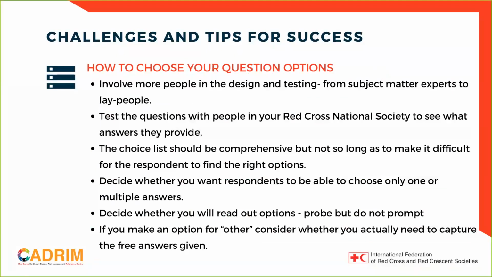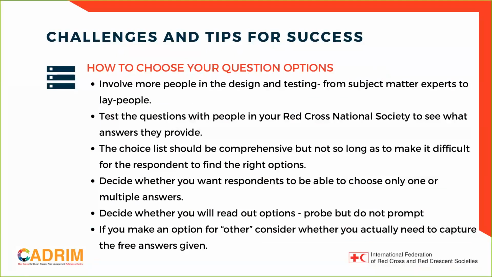If you're asking about public awareness or awareness of different media, for example, you can provide as many media, as many radio stations, television stations, social media platforms as exist, and they may range from 30 to 35 or 40.